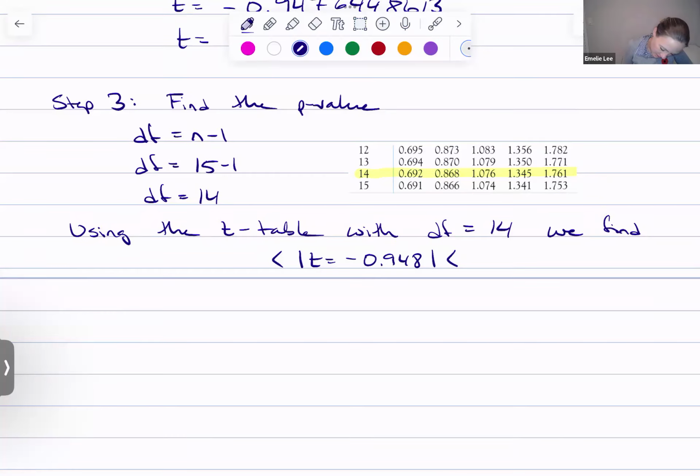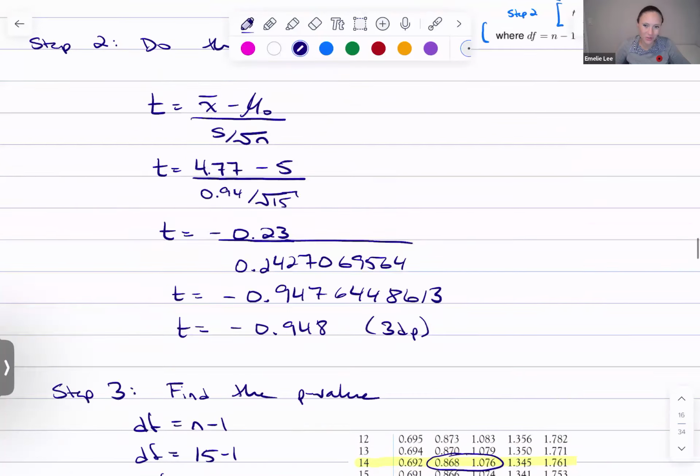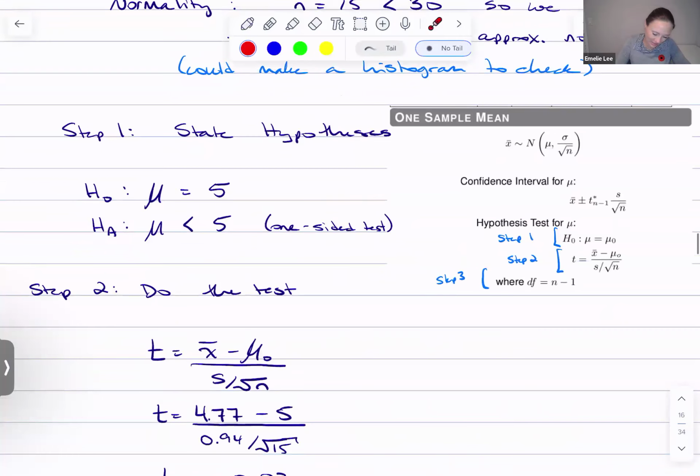And so we find that our t is going to be somewhere between these two values, 0.868 and 1.076. That is going to translate to our p-value, which is really what we're after. Now remember, and this is why I make a note at the beginning here, because it feels like a long time ago, we're doing a one-sided test, and so I need the one-sided p-value.